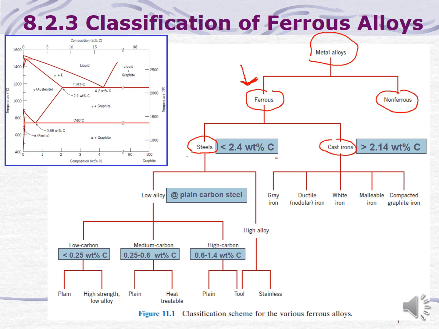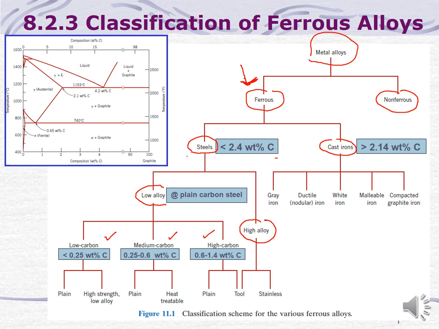Let's look at steel. Steel can be divided into low alloy or plain carbon steel and high alloy. There are another three groups of low or plain carbon steel: low carbon steel, medium carbon steel, and high carbon steel.